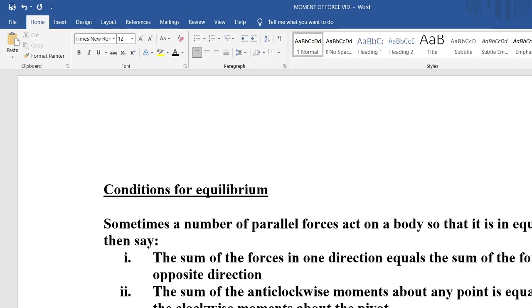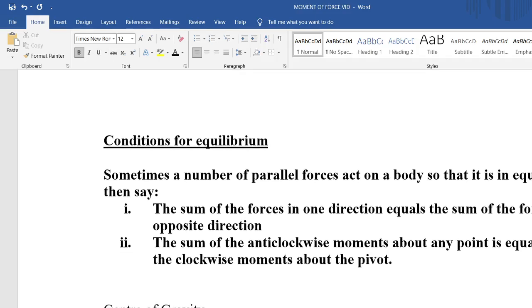Or if you push against a wall, the forces will be equal and opposite, therefore the wall or you would not be moving if you're held steady. The other condition is what we're looking at so far. The sum of the clockwise moments about any point is equal to the sum of the anti-clockwise moments about the pivot, or about the same point.